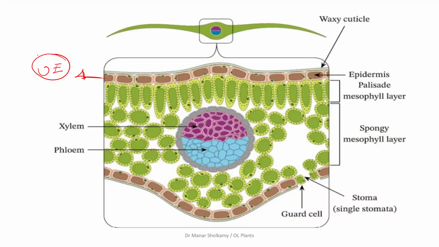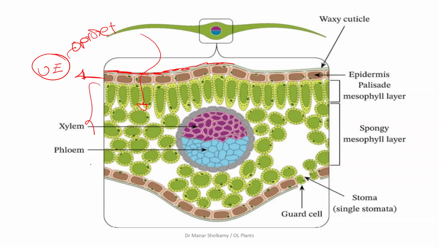It does not have chlorophyll, so no photosynthesis happens here. We gave it 3 functions. It provides protection, it produces the waxy cuticle that also provides protection, and it is transparent to allow the penetration of light into the deeper layers of the leaf. This is the first layer.